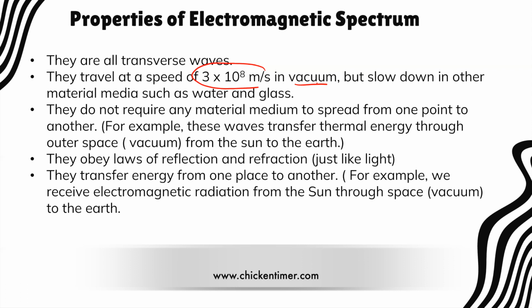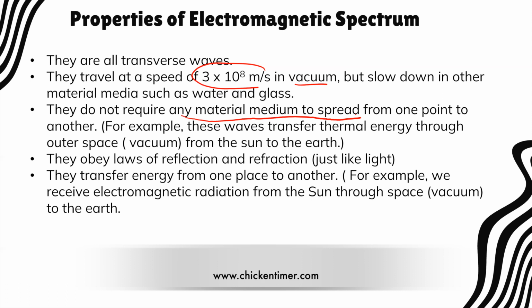Okay, number 3, they do not require any medium to spread. For other waves, you have rope waves, water waves, sound waves, and they need a medium to spread, because water waves need water, rope waves need the rope, and sound waves need the air. For the electromagnetic spectrum, no medium is needed.